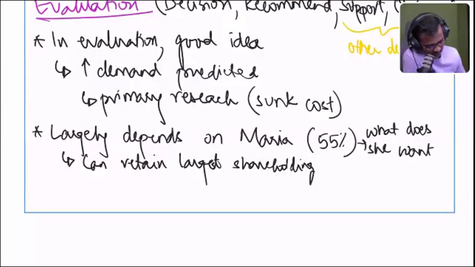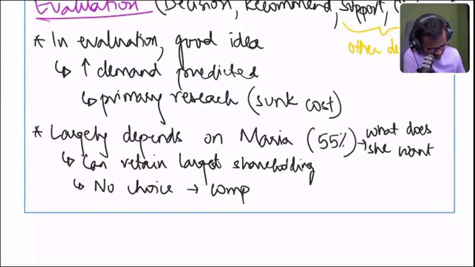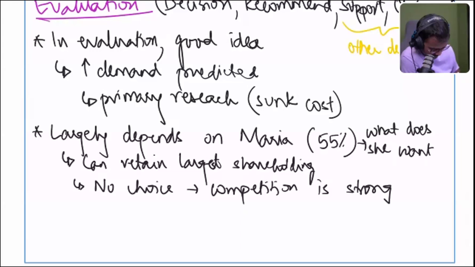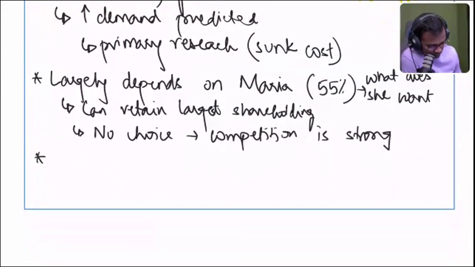And what I can also mention here is that there is no choice because competition is strong. So really you can't sit on your decisions. Secondary research already told you that this is high in demand. So your competitors will also definitely go for it. So control we've discussed, money we've discussed. Anything else? Yeah.